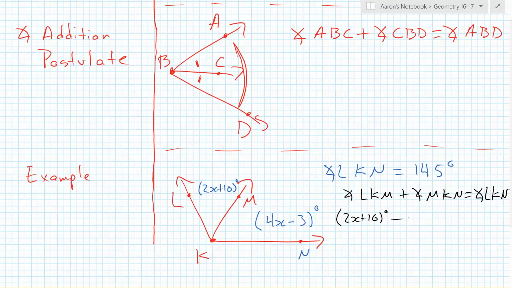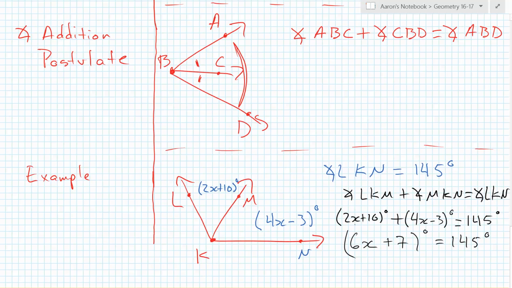We know that angle MKN is equal to 4x minus 3 degrees, and we know that angle LKN, or the whole big thing, is equal to 145 degrees. At this point, this is pretty straightforward algebra. We're just going to combine like terms, 2x and 4x. We're going to get 6x. 10 minus 3 is going to give us 7. That all still equals 145 degrees.